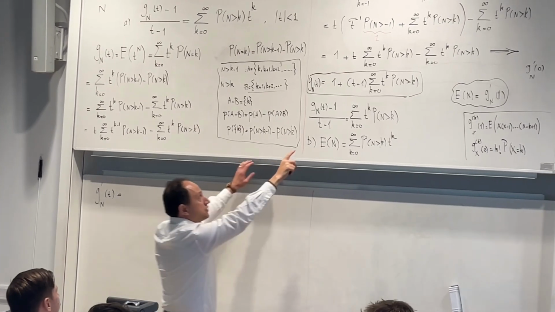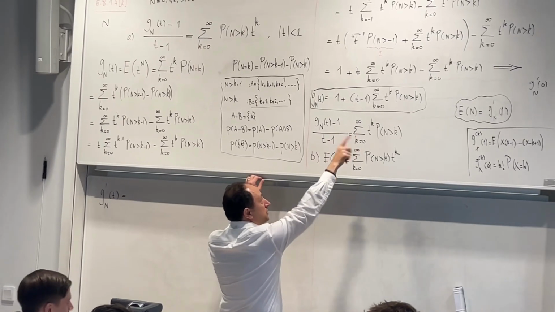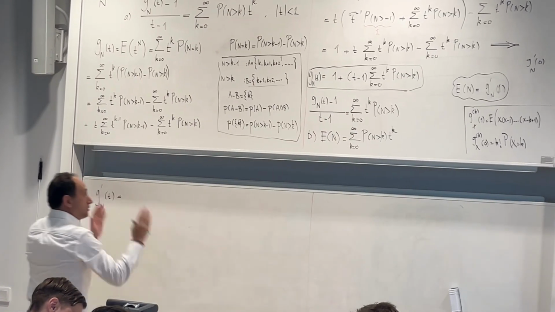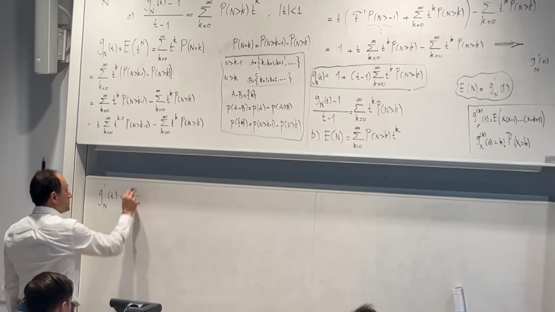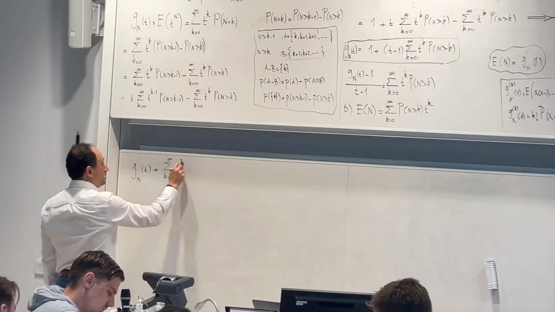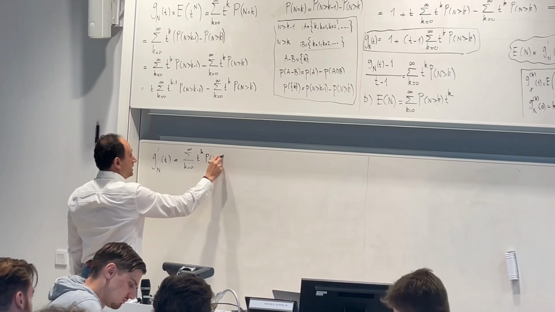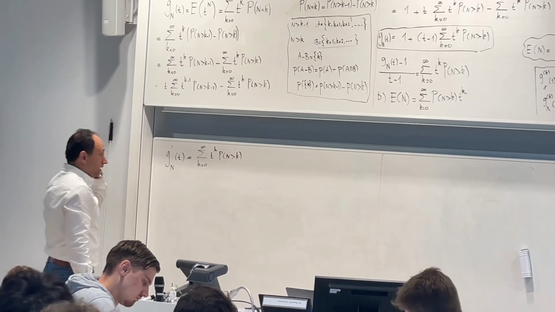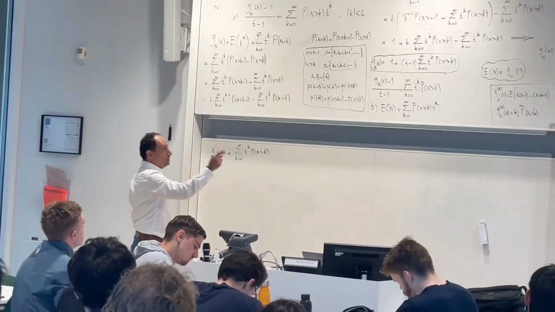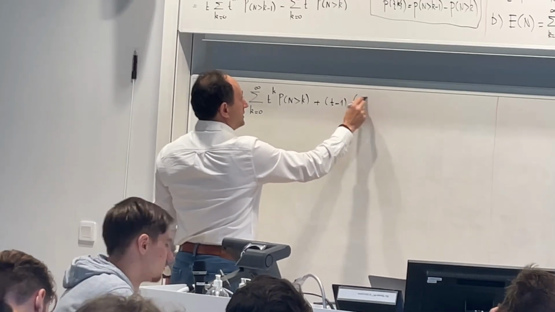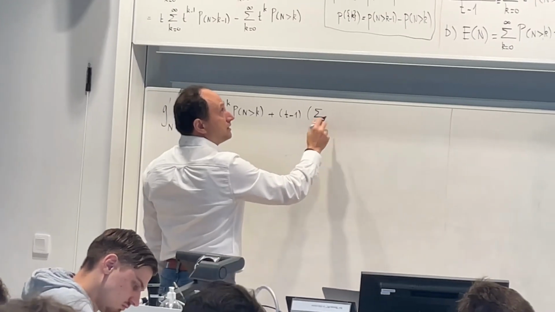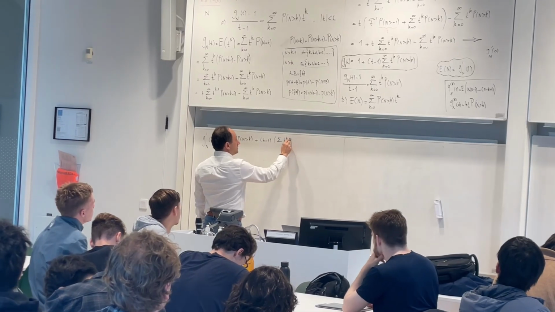Yes, it's the derivative of the first one multiplied by that series. The derivative of the first one is 1. So this becomes sigma k goes from 0 to infinity, t to the power k, P(n greater than k). And then plus the other way around, plus t minus 1 times whatever that derivative is, doesn't matter. So let me just write it like this.